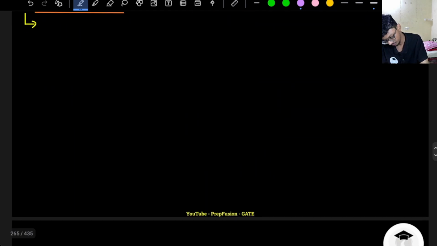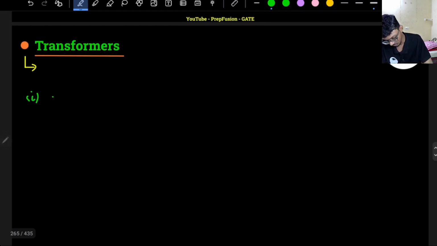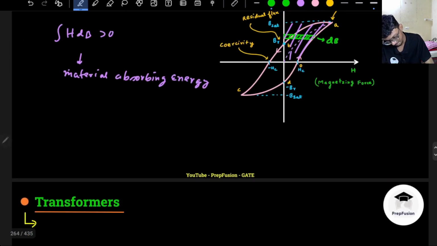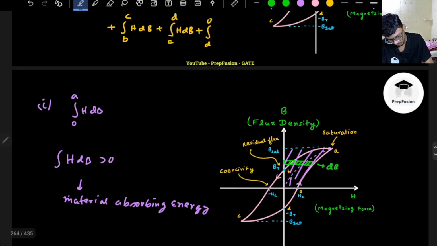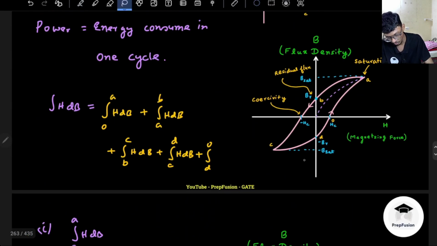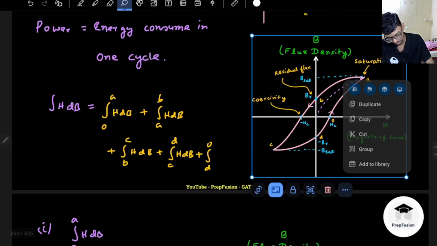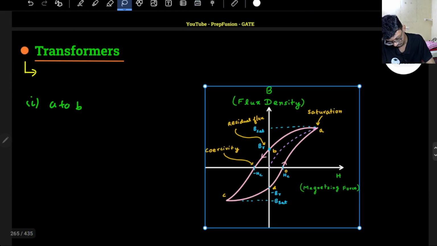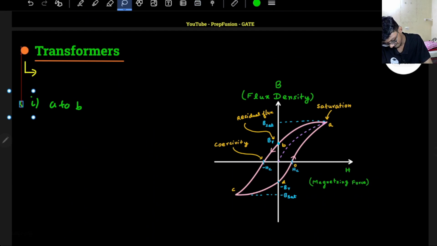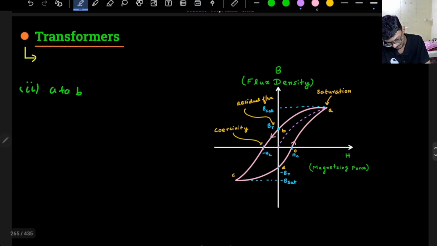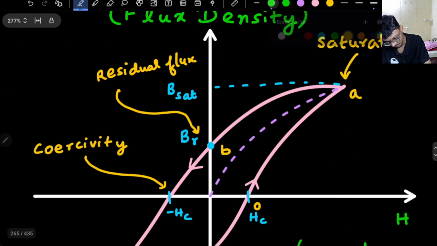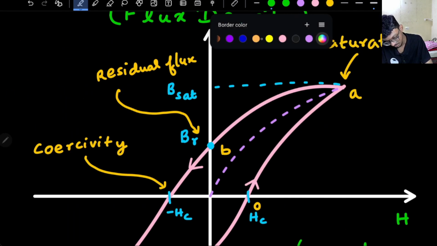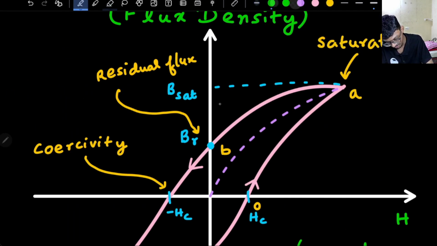So for part 2, going from A to B, I am going along this curve.